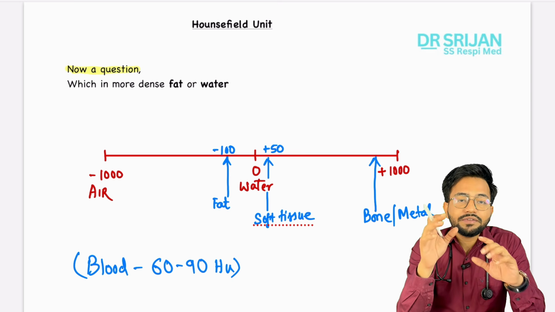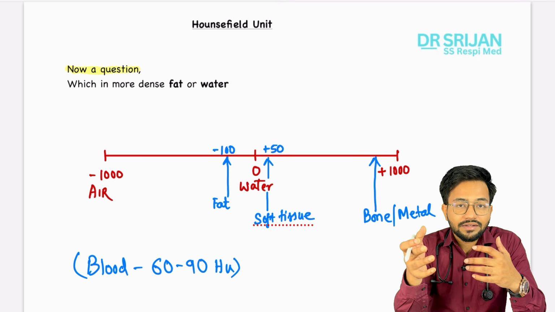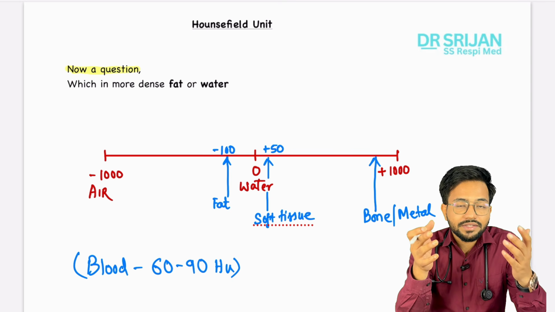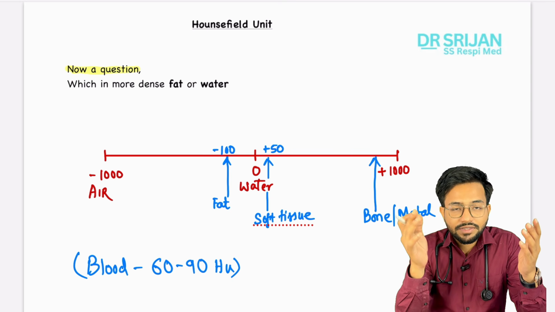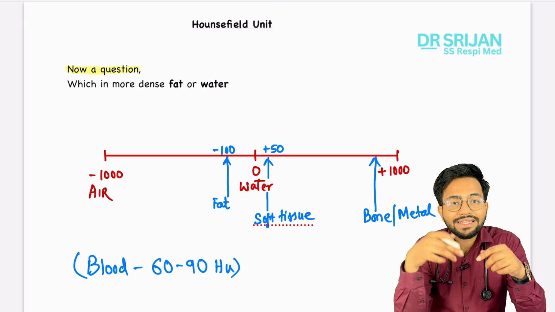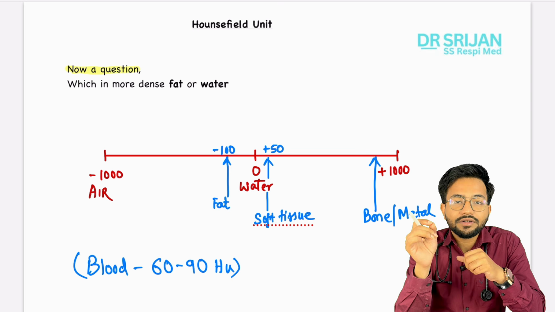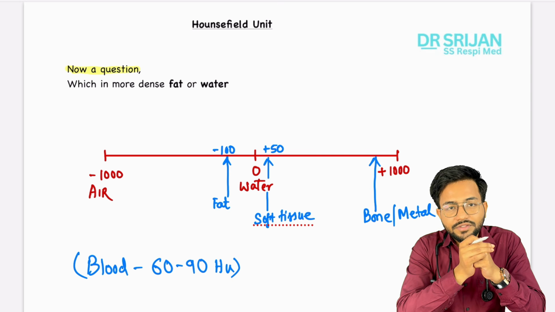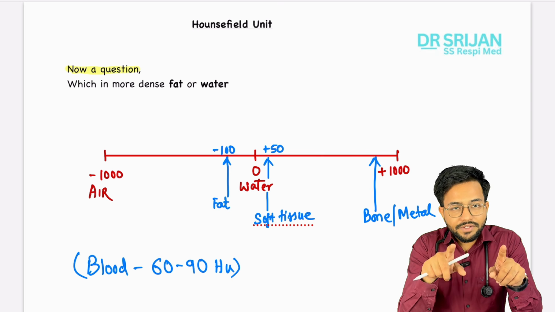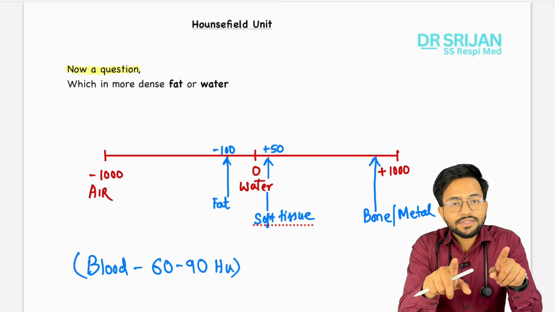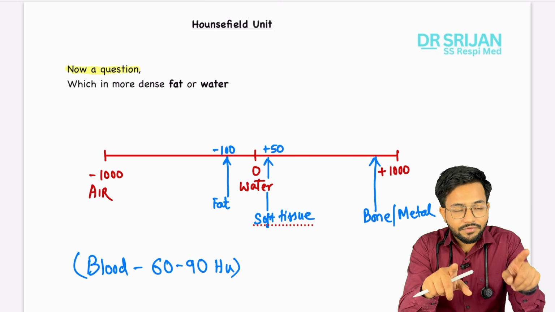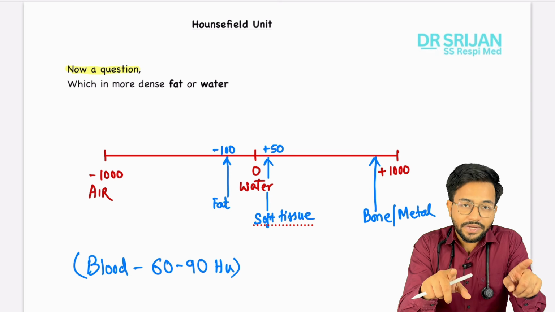Now, whenever a CT scan is done, in the console of the CT scan machine we can measure the density of the tissue. The unit is the Hounsfield unit. By convention, water is always taken as 0 and air is always taken as -1000.